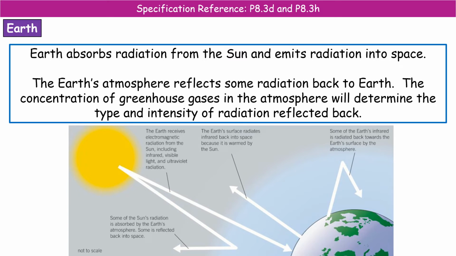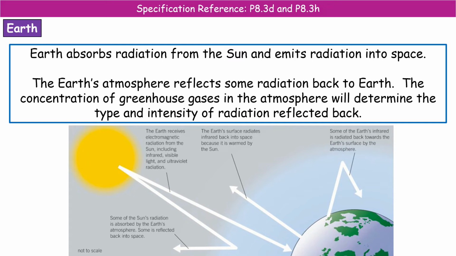In terms of our atmosphere, what we find is some radiation passes straight through the atmosphere and off into space it goes. Other radiation is going to be reflected back to Earth by the atmosphere. One of the key things that determines how much of that radiation is going to be sent back to the surface of the Earth is the concentration of the greenhouse gases, carbon dioxide, methane, and water vapour.